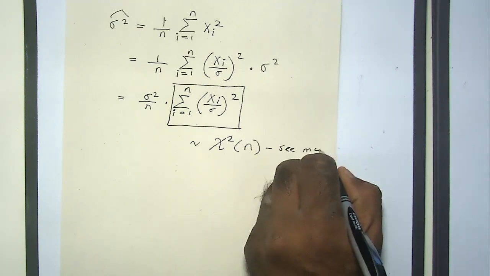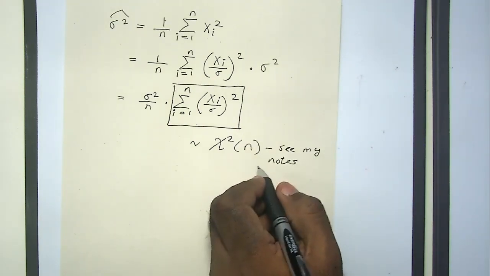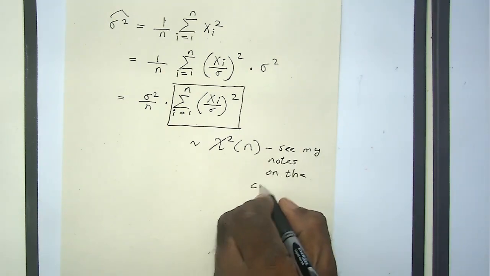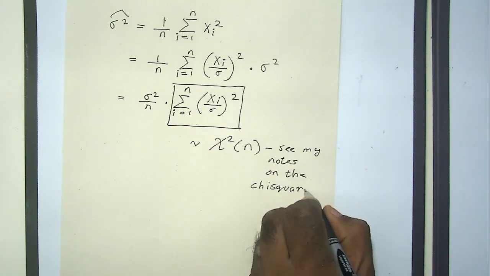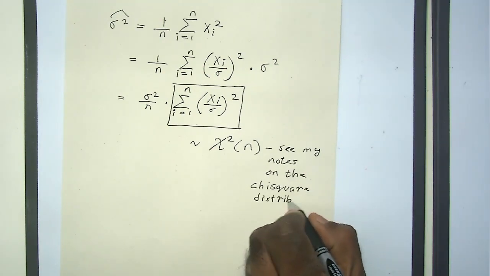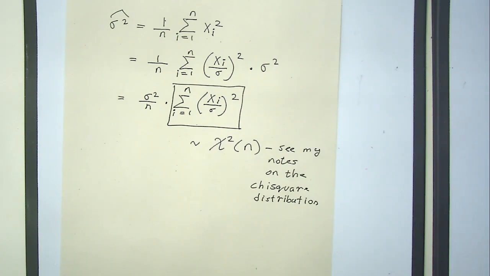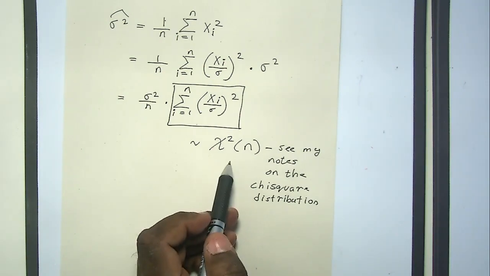See my either the handwritten notes or the printed notes. If you look at my notes on the chi-square distribution, you will see that this has this distribution, right?